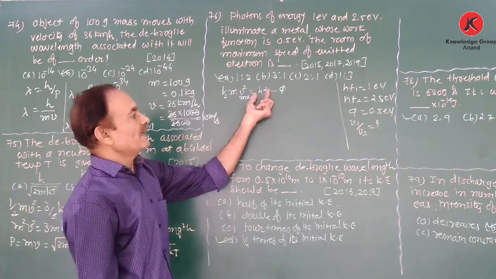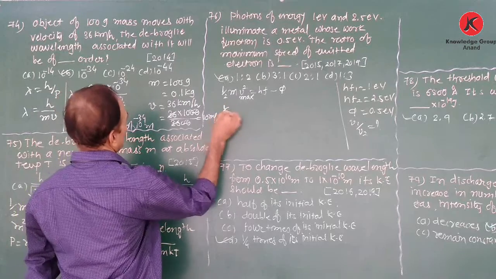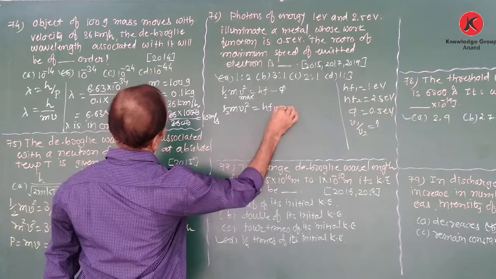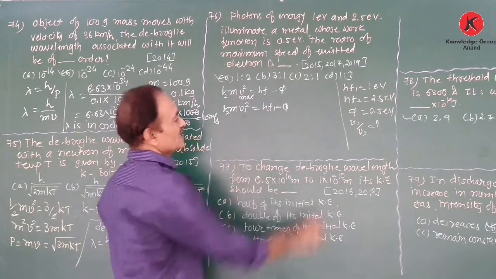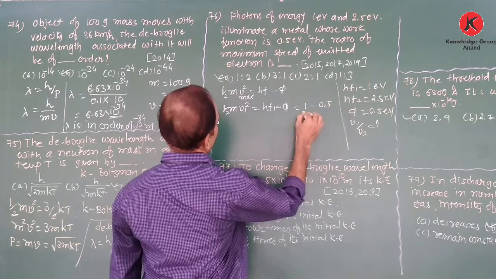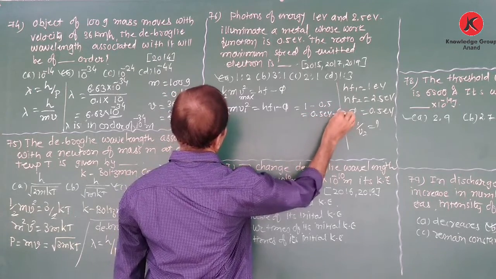Now when hf is 1 electron volt, for the first case, half m v1 square is equal to hf1 minus phi, which is 1 electron volt minus 0.5, that means 0.5 electron volt. That is equation 1.